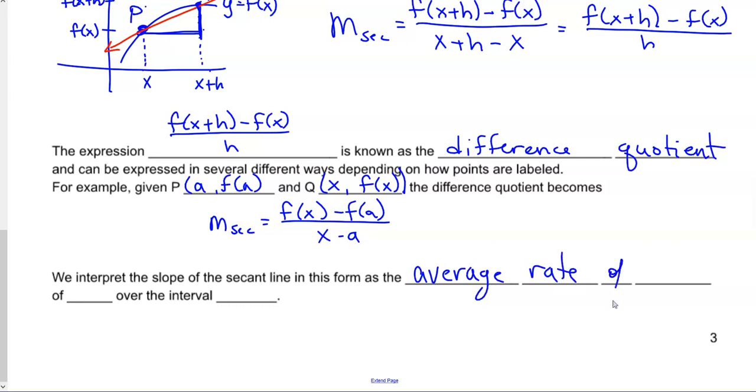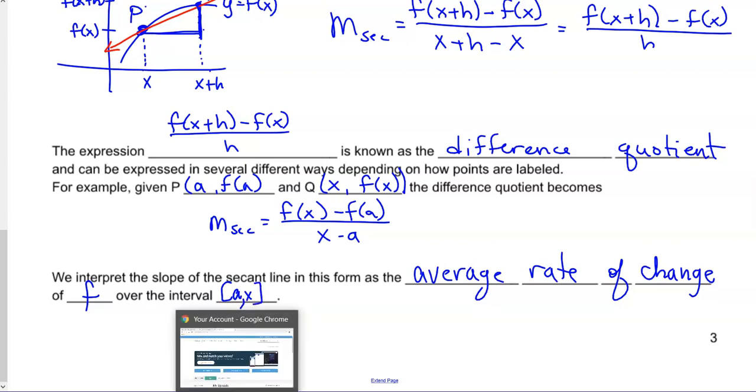So that is going to be the average rate of change of our function f over an interval. We're on the x values from a to x, so on the interval a to x.